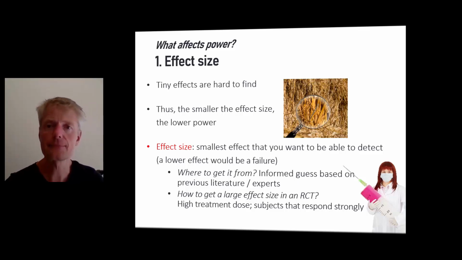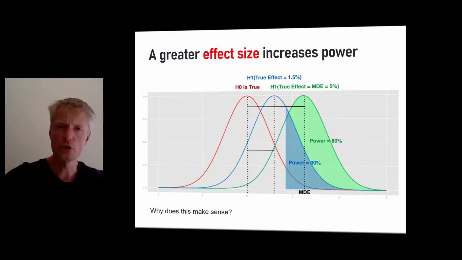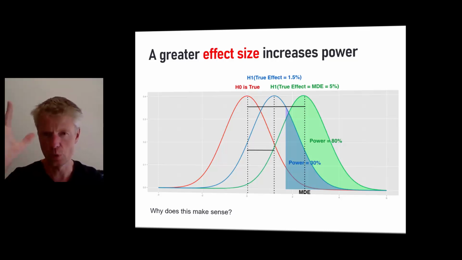Now, in this graph, I show you why a larger effect size increases your power. You're basically shifting this curve around the alternative effect to the right here. So we're only looking at one side of the test that we conduct.